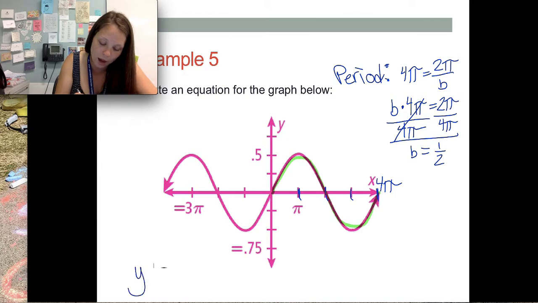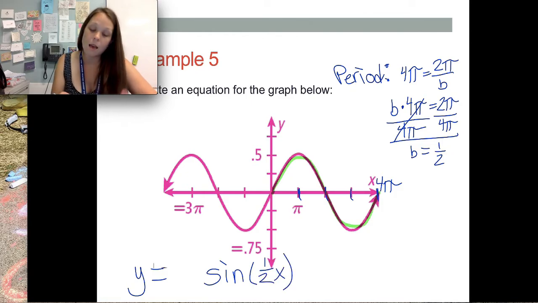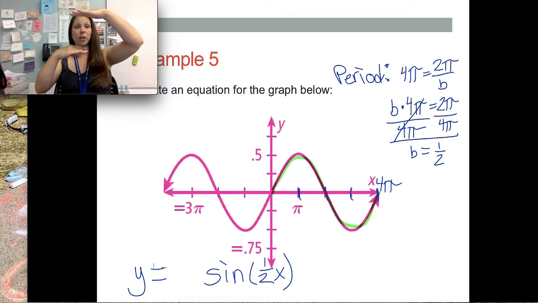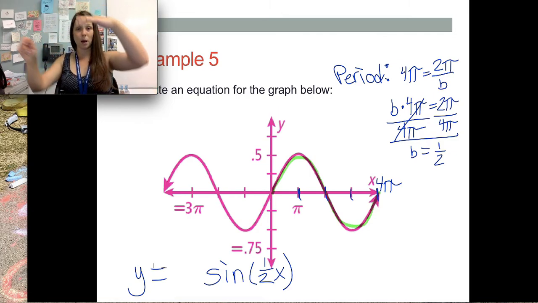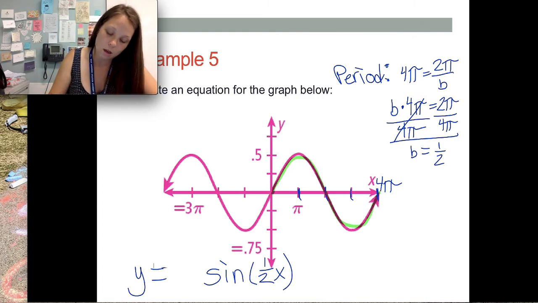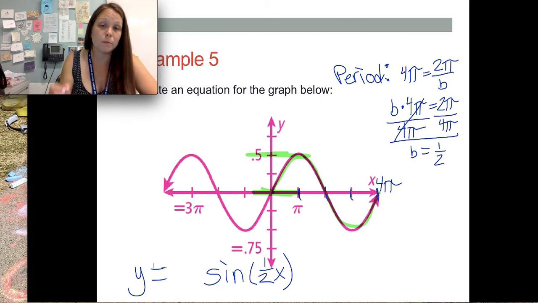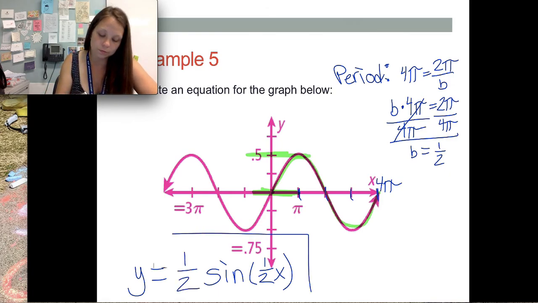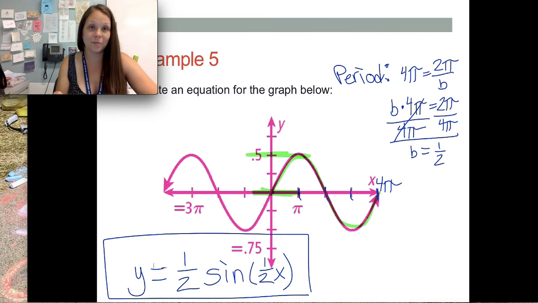So right off the bat, I know I'm going to end up with y equals sine of 1/2 x. After that, I need to identify the amplitude. So what is my range of motion that this wave is bouncing between? From the x-axis to the top of the graph is a distance of 1/2, and so that's my amplitude. And that's example 5.